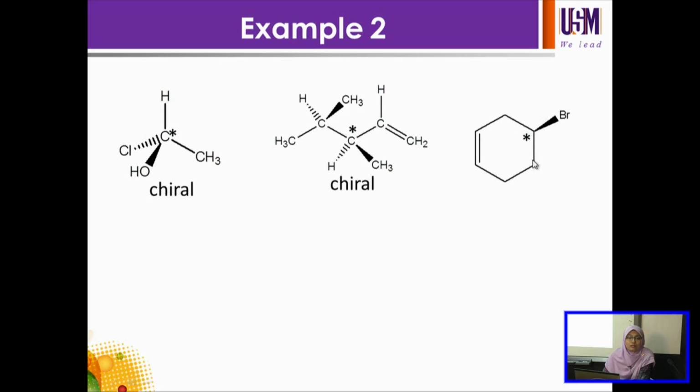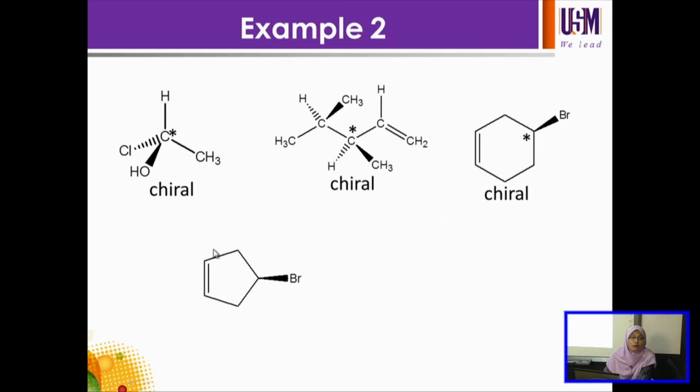While here is attached to CH2, CH2, CH. Now we have CH2, CH. So these are 2 different groups. Also this compound does not have an internal mirror plane of symmetry. So it is also a chiral molecule.